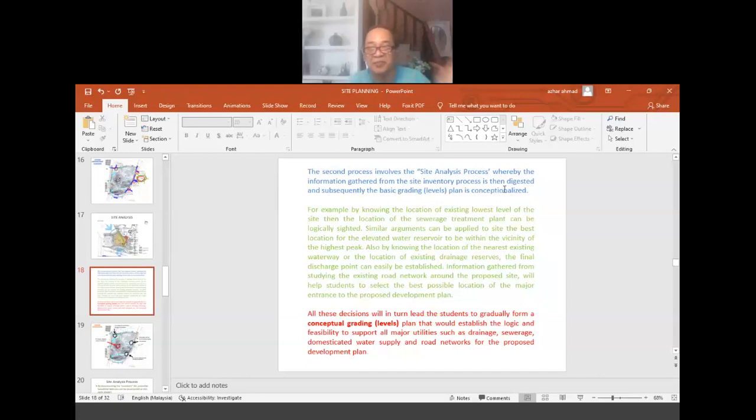So by observing the site inventory, we can come to a conclusion, as we will see later, that some of the notes or the inventory that we have picked up are actually beneficial information, but at the same time certain information would be adverse information, which can be used to avoid damage from happening.